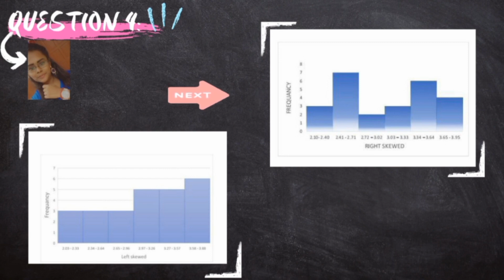If the mode is bigger than median and median is bigger than mean, which means the shape of distribution is right skew. However, if the tail extended to left and the mean lower than median and median lower than mode, which means the shape of distribution will be left skewed distribution.